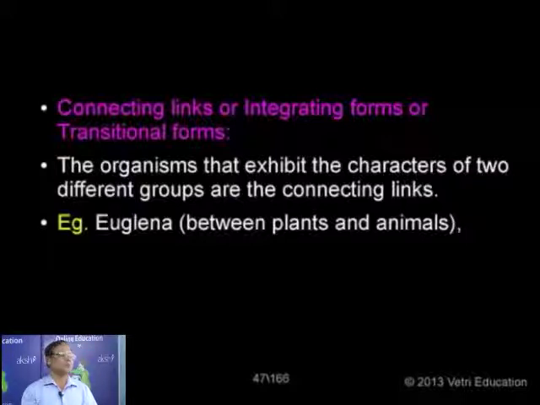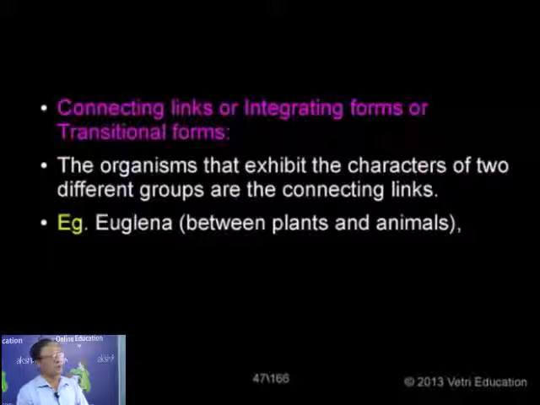The arthropodan character is the jointed legs. I am giving only one example. Organisms exhibiting characteristics common to two different groups are called connecting links. They are also called integral forms, integrating forms or transition forms.